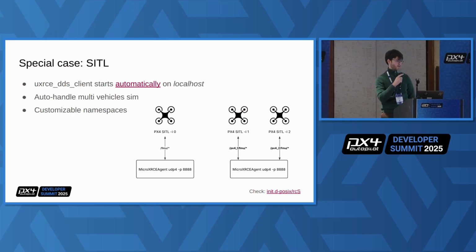Let's say that again. If for some reason the agent is not going to connect on the same host, on the same IP as the client, like you're doing some Dockerized testing, then you can just modify the startup script, or we have an environment variable you can set before starting PX4 to change the IP for the agent, okay?